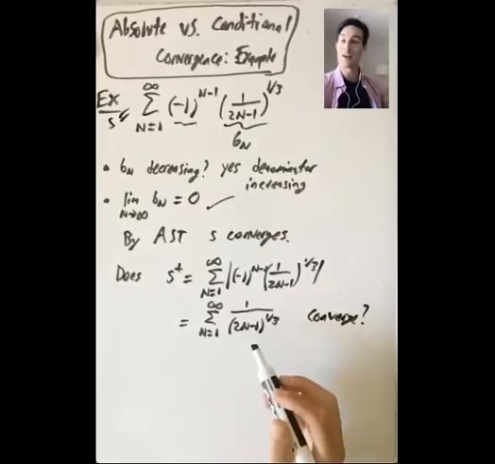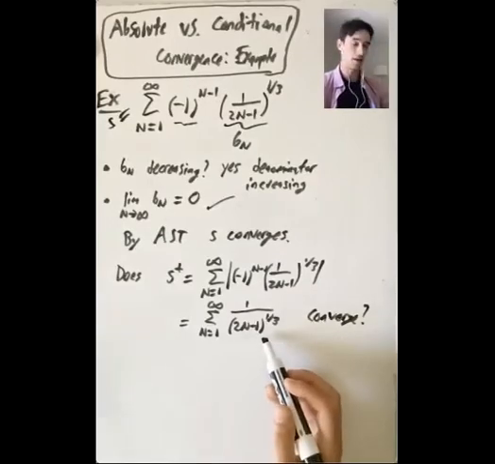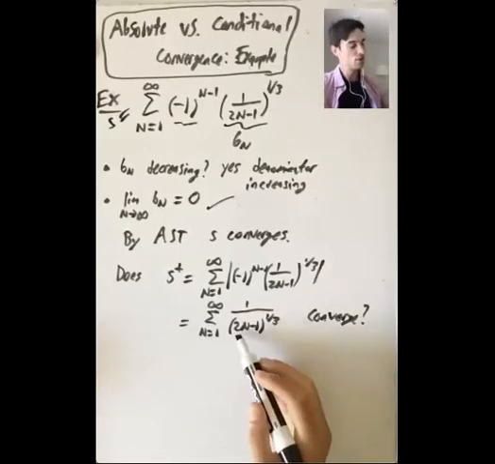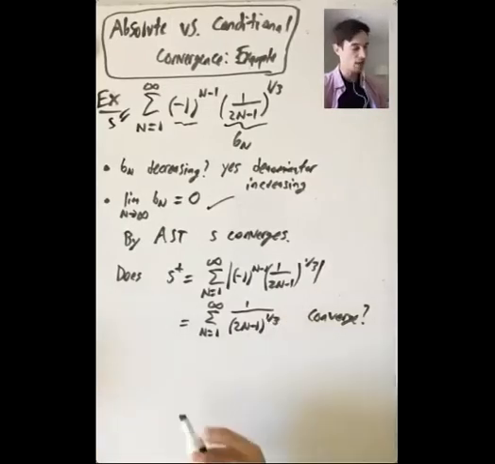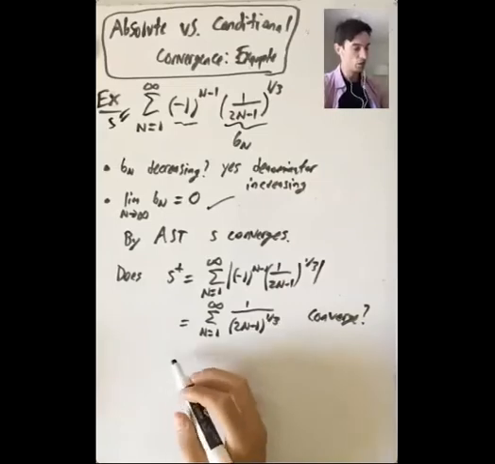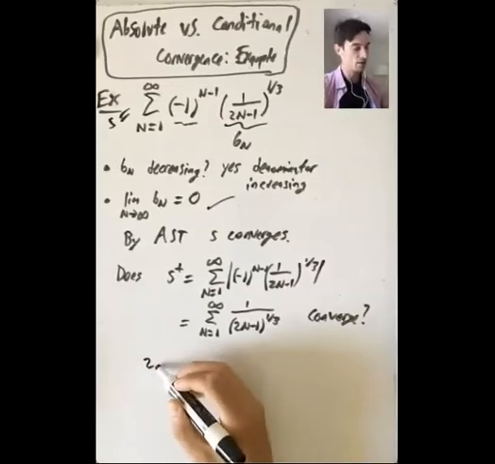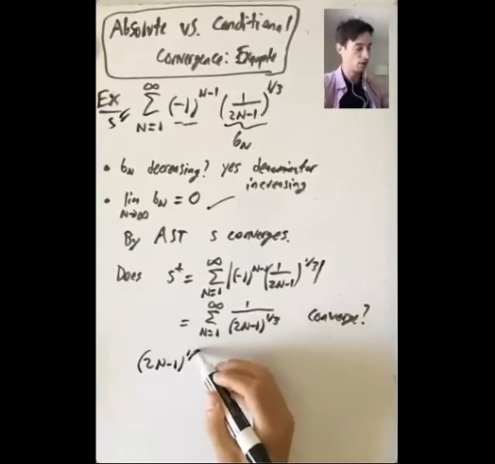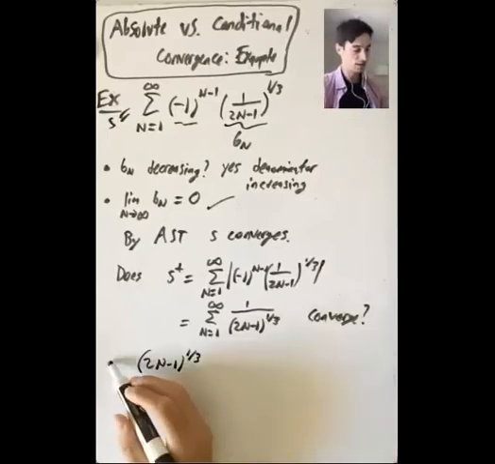Now there are a lot of different things we could do to think about whether or not this series converges. This (2n-1)^(1/3) in the denominator is a little tricky. Let's just look at the denominator to the 1/3. This is definitely a positive number.